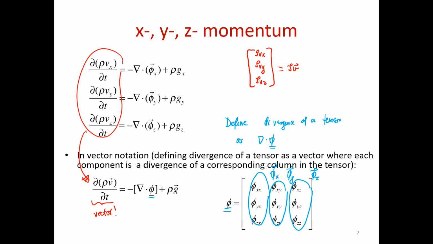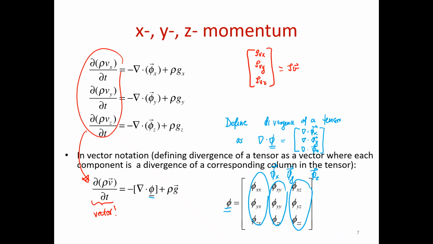I sometimes drop those two underlines that just say this is a tensor. So my divergence of a tensor is a vector where its x coordinate is divergence of the first column, its y coordinate is divergence of the second column, and its z coordinate is divergence of the z column, right? So just put together divergences of columns for a tensor.